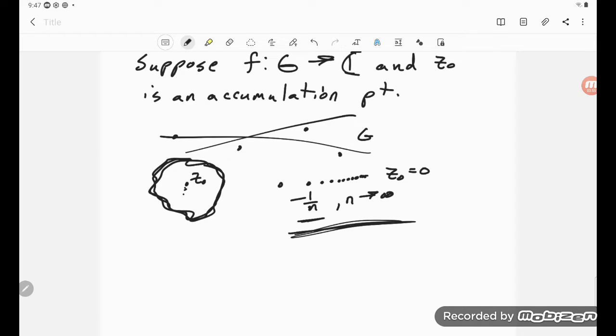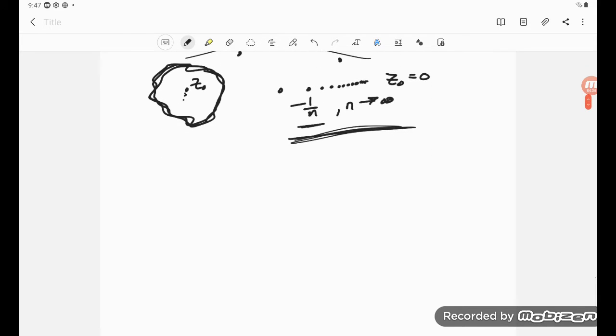So it can get quite complicated. We're going to try not to make it so complicated. We just want to make sure we get the definition and that we remember some of this stuff about limits.